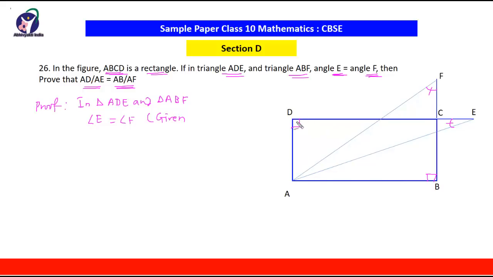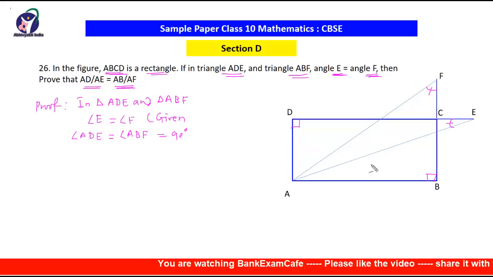So angle ADE is equal to angle ABF, each is equal to 90 degrees because ABCD is a rectangle, and therefore by AA criteria these two triangles will be similar.